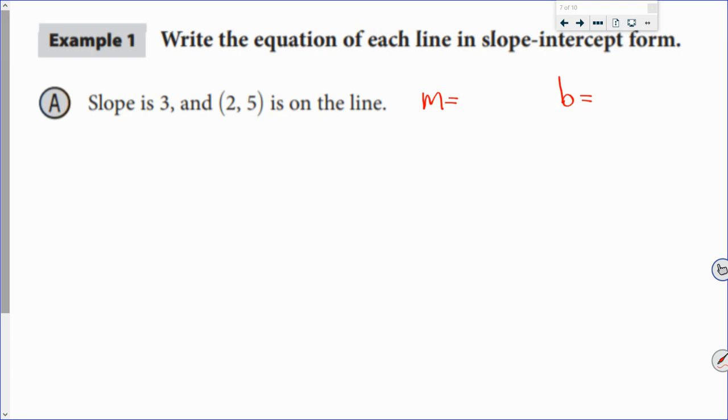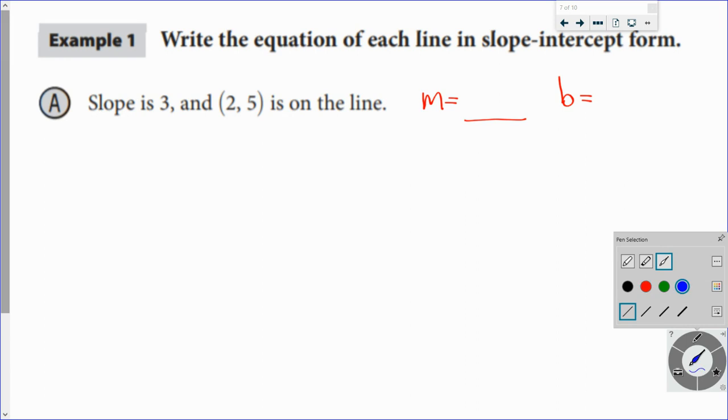Those are the two things I've got to know. So do I have the slope? I do. What is it? What's the slope? 3. Thank you. Do I have the y-intercept? Well, no, I don't. Because I don't have a point that says 0 something.